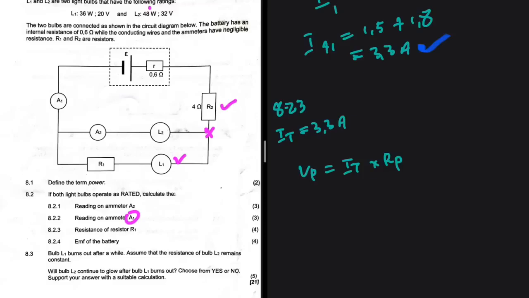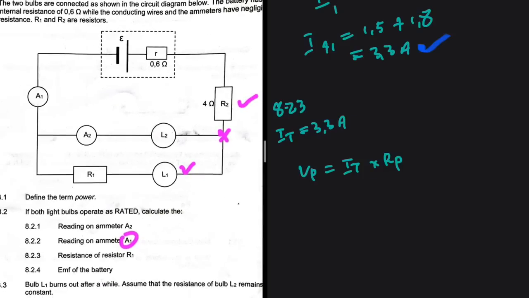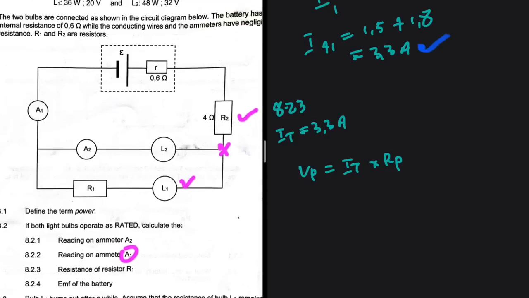We know the voltage that is dissipated by R2, right? But do we know the voltage that is dissipated along the two parallel paths? Well, we can calculate VP using the voltage across this path.